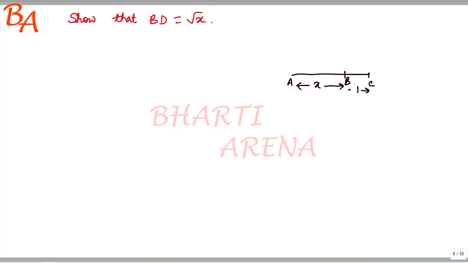Now what we have just drawn geometrically, root x, we will try to show that BD equals root x, because it is not visible there. How can we prove that that is actually root x? First draw that. It was like this one, AB, it was x from here to here, that is AB equals x, and we have taken BC such that this is 1 unit.